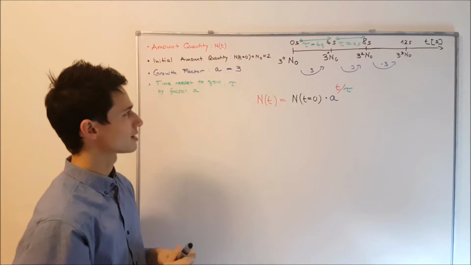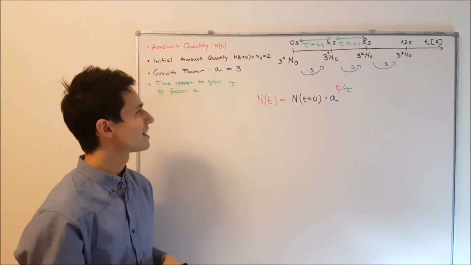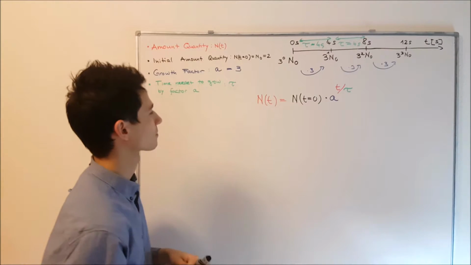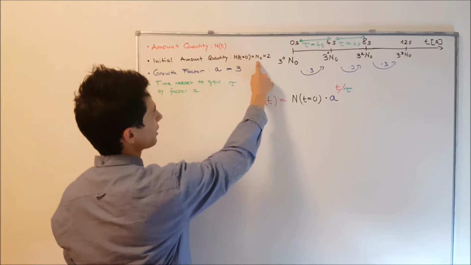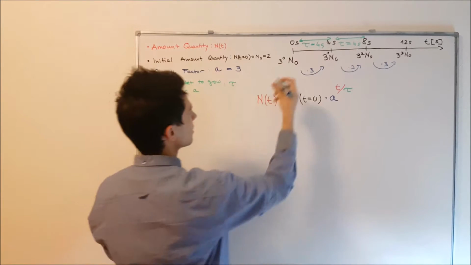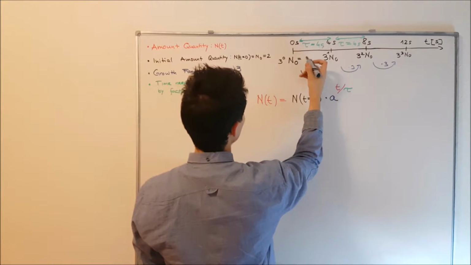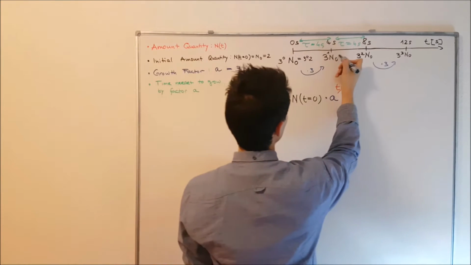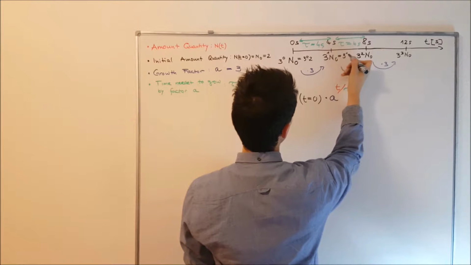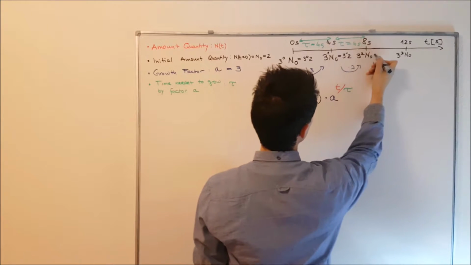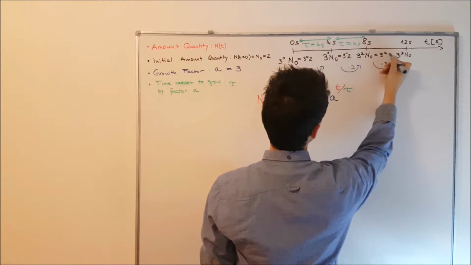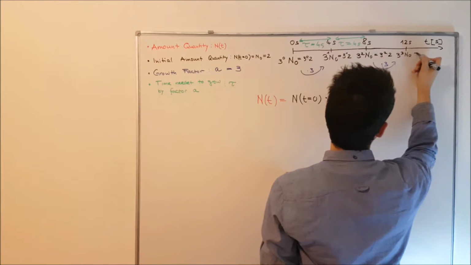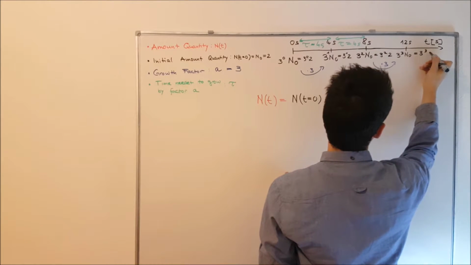I don't know if this is possible, I'm no biologist, but let's just do it. So then, if n0 equals 2, this would be equal to 3 to the power 0 times 2, then 3 to the power 1 times 2, then 3 squared times 2, and 3 cubed times 2.